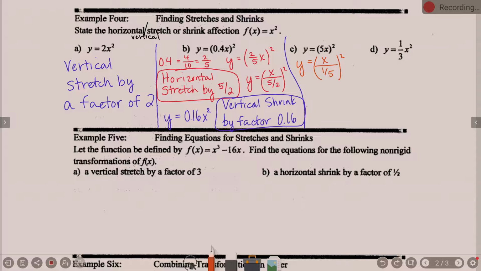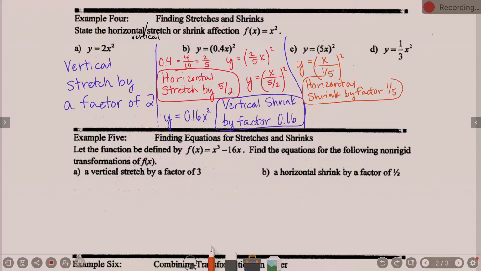Check your math, but yes. I'm in 25. You had the right idea, but yes. Okay, so what I'm going with right now is that this is a horizontal, he said shrink, because 1/5 is less than 1, right? So horizontal shrink by a factor of 1/5.